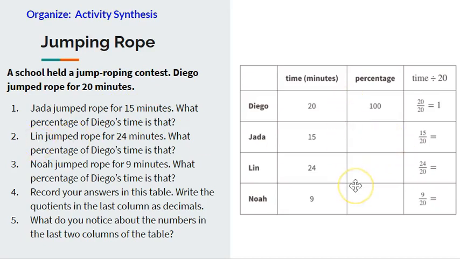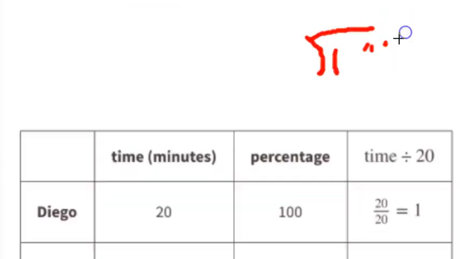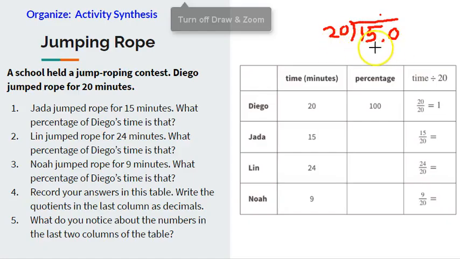All right, so they've got a little chart here set up to help us figure that out. If Diego is 100%, then basically what we're going to do is divide whatever the time is by 20 to see what we get. Well, what do you get when you divide 15 by 20? You can do straight up division with this. 20 can't go into 15, but 20 can go into 150.